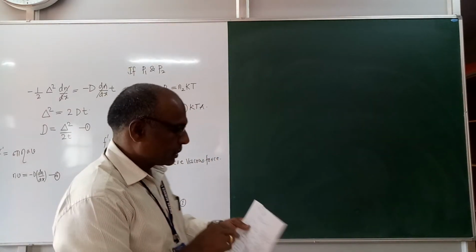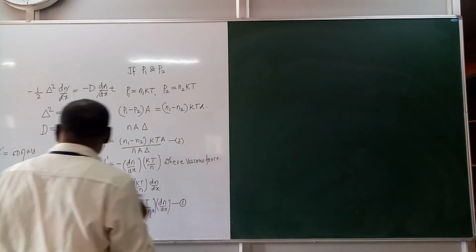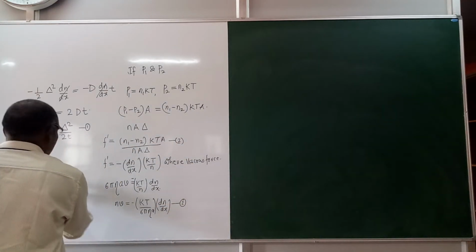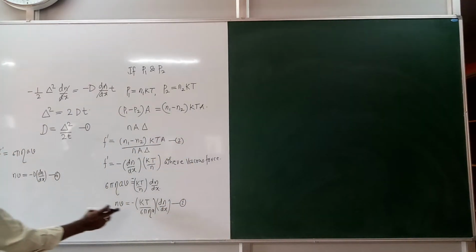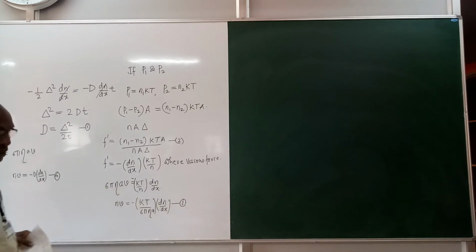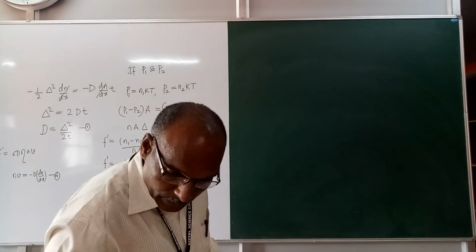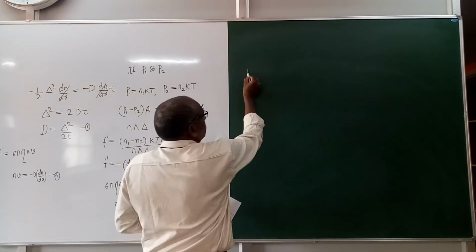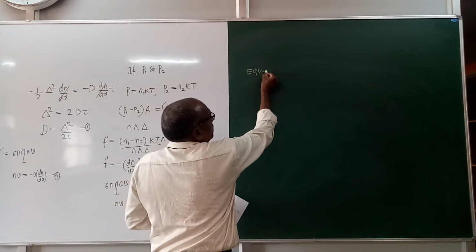Fine, that is now. So we got equation number 3 and 4. We got NV is equal to this. Let me equate equation number 3 and 4.